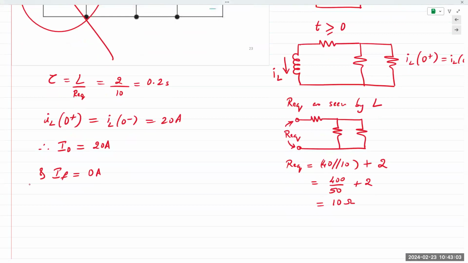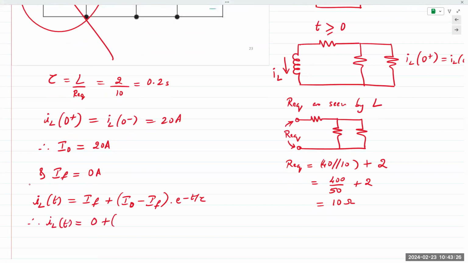I can simply take the expression IL of t is equal to IF plus I0 minus IF times e raised to minus t over tau. Plug in the values for everything.